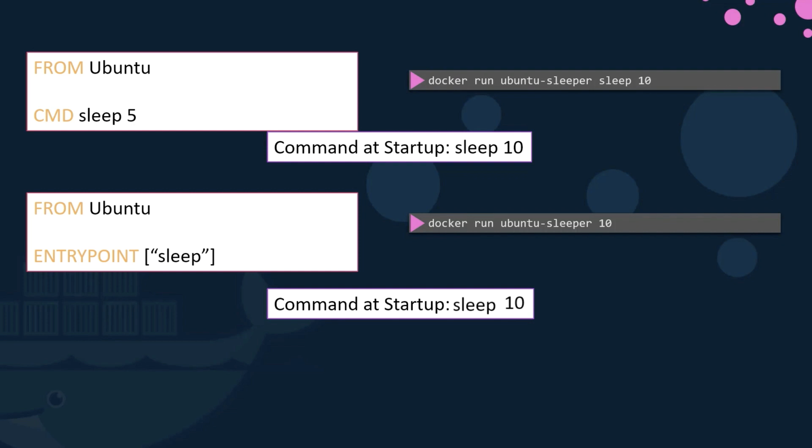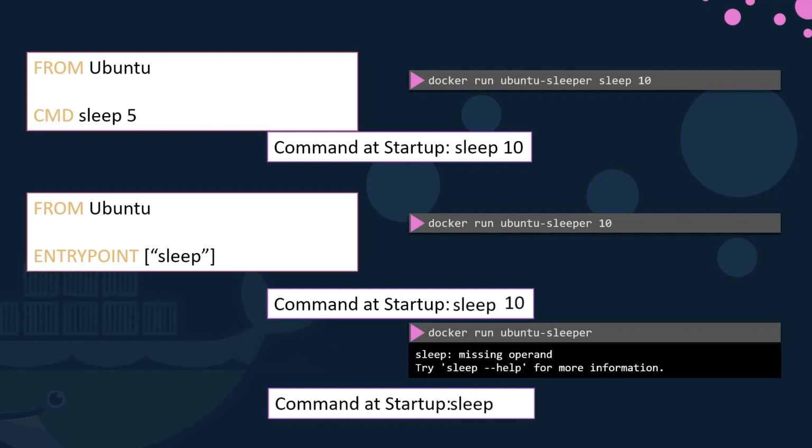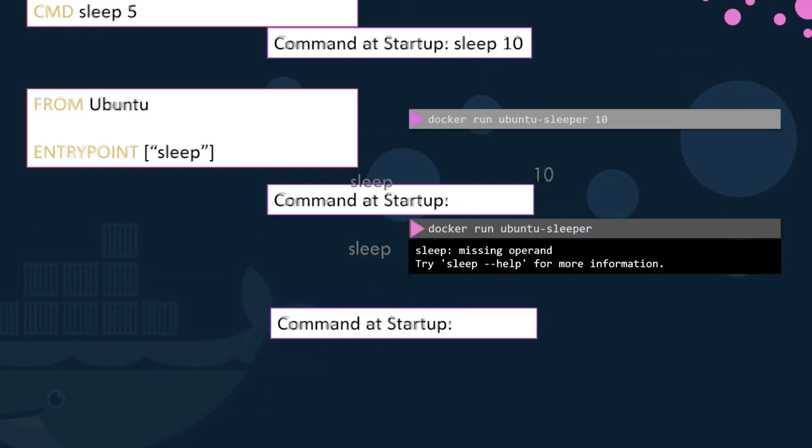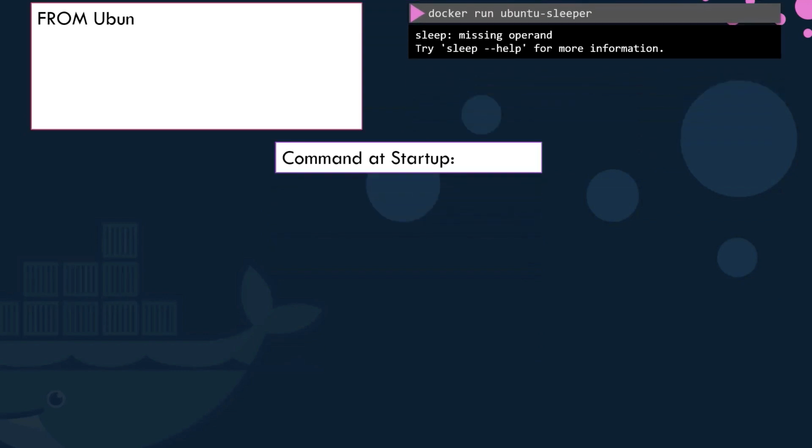Now, in the second case, what if I run the ubuntu-sleeper image command without appending the number of seconds? Then the command at startup will be just sleep, and you get the error that the operand is missing. So how do you configure a default value for the command if one was not specified in the command line? That's where you would use both ENTRYPOINT as well as the CMD instruction.